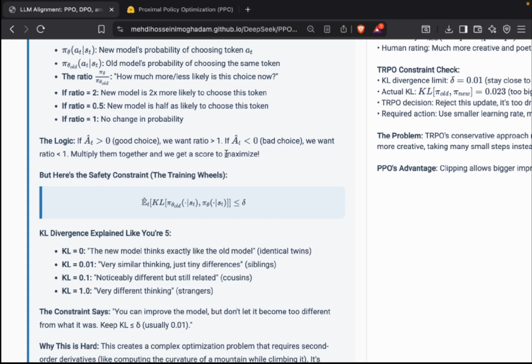Remember that all LLMs, at the end of the day, are neural networks, which are probabilistic models or distributions. I want to change my new model in a certain direction, but I don't want it to change too much. Both of them are probability distributions. So in mathematics, we have something called Kullback-Leibler distance, which estimates the distance between two probability distributions.